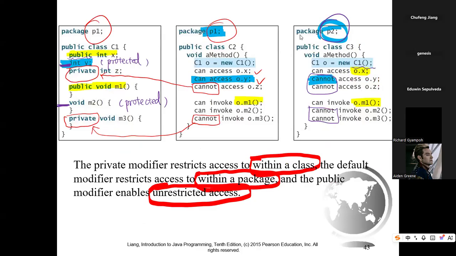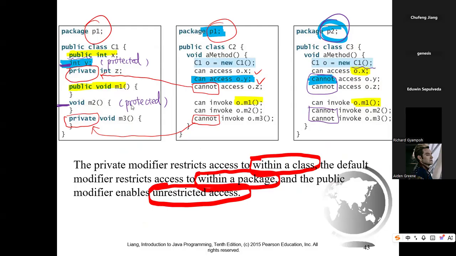Here we talk about an example with the modifiers. We have two packages, P1 and P2. The first two classes are in P1, and the third class is in P2. This is the package difference.